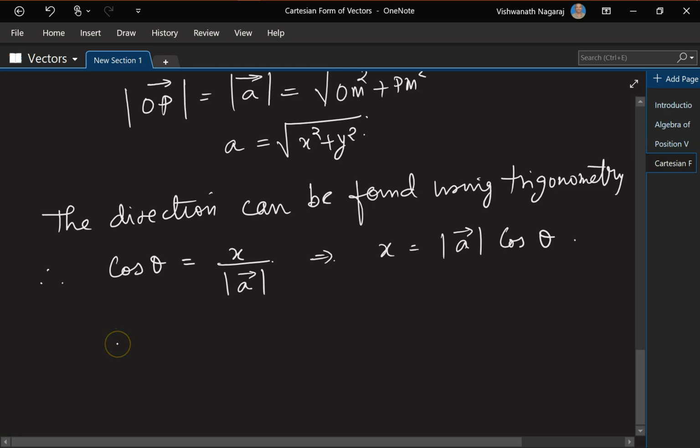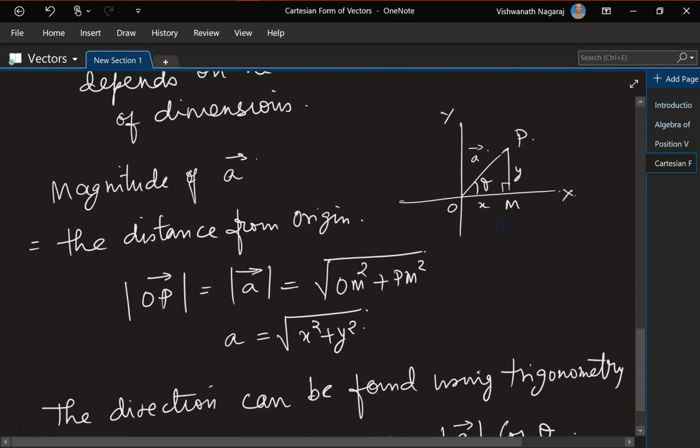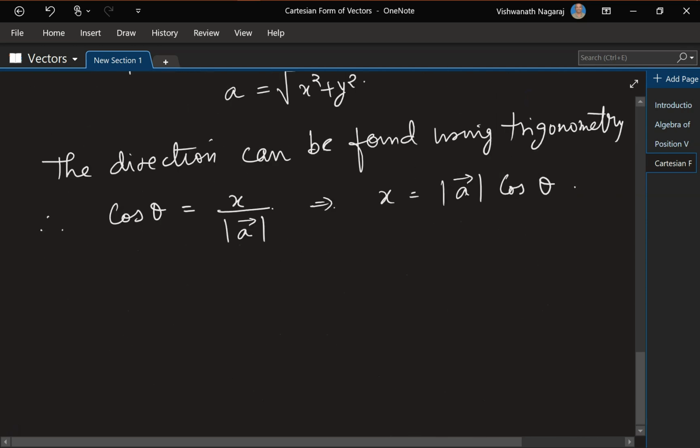Similarly, to get the y value, if you look at this again, we want the opposite side. So which means we require sine. So sine theta is equal to y by the magnitude of A, which implies y is equal to magnitude of A sine theta.